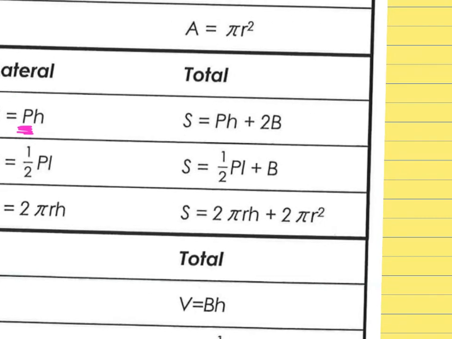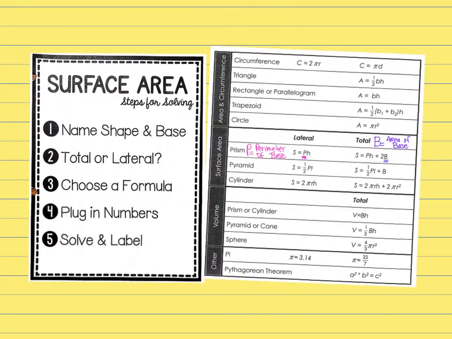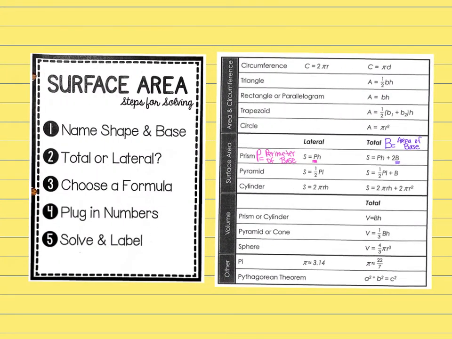Then if I scoot over on the total surface area, the other letter that I need to make sure you understand is capital letter B, and that stands for area of the base. And we'll have both of these on our pages when we get ready to do an exact problem.